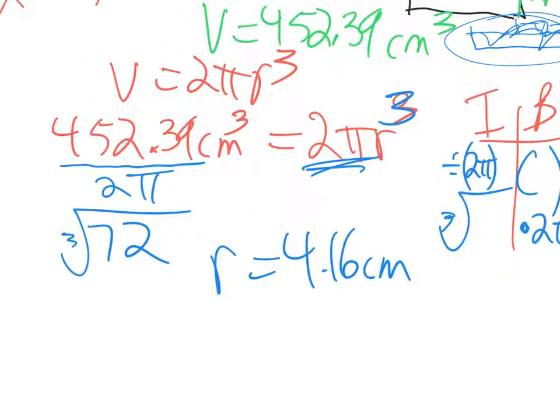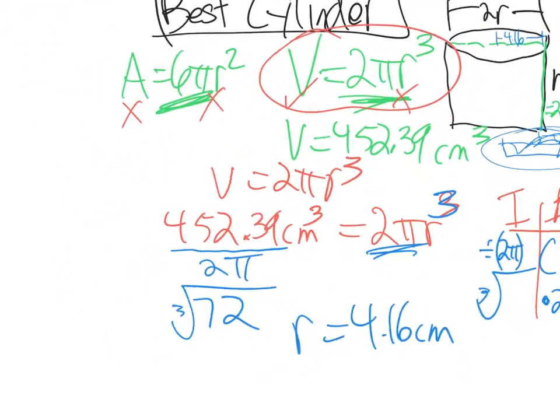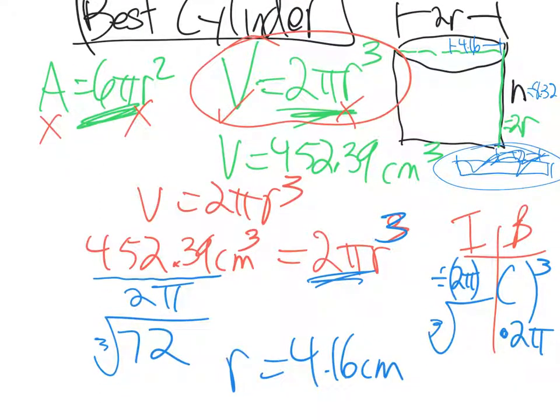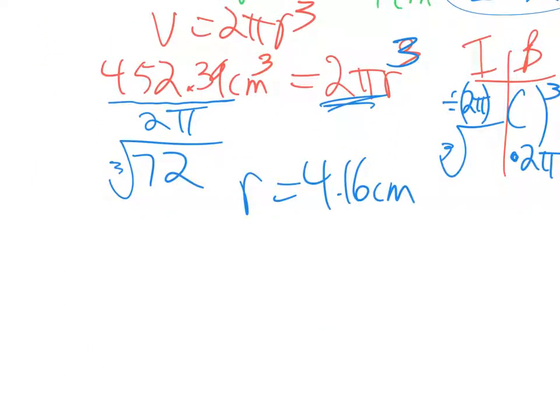Well, do I have a formula here that I can use to figure out the area of the best cylinder? Well, there it is, 6 pi r squared. So I know the area of the best shape, the most efficient shape, is 6 pi r squared.